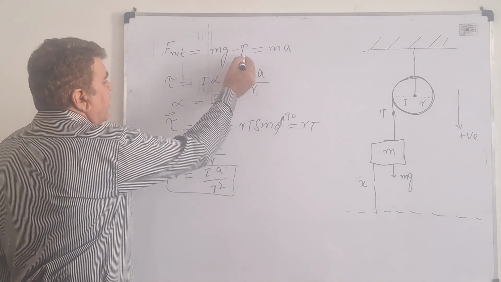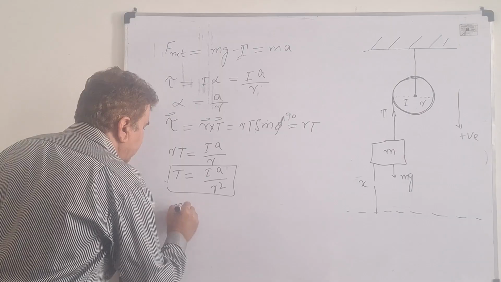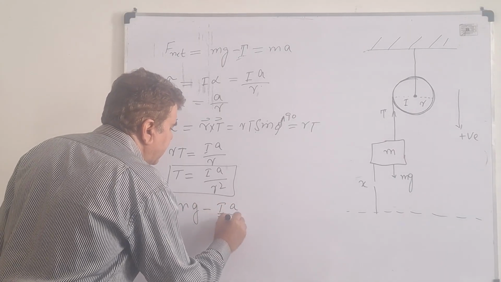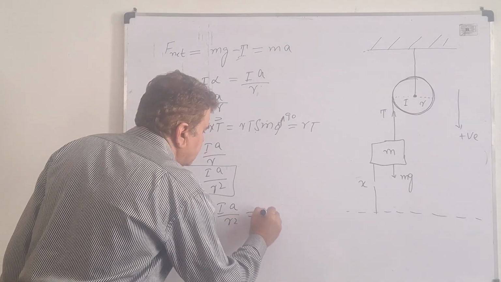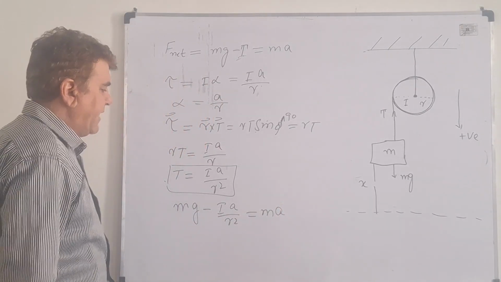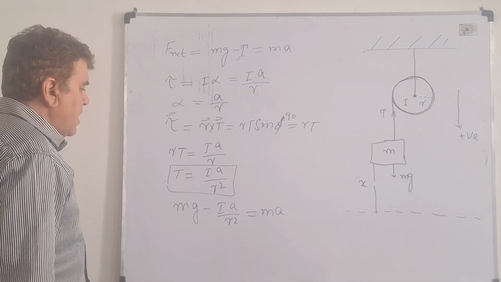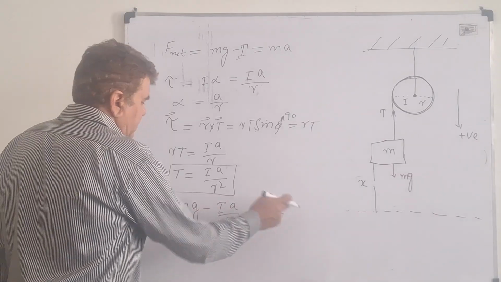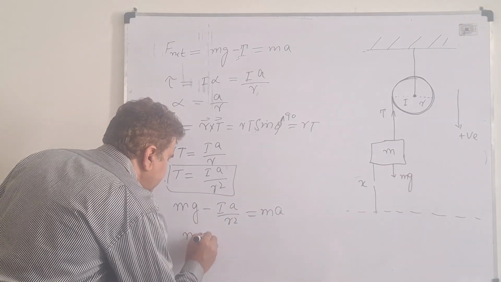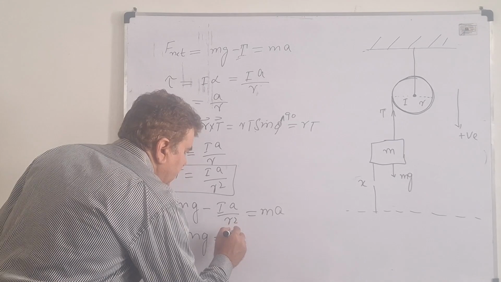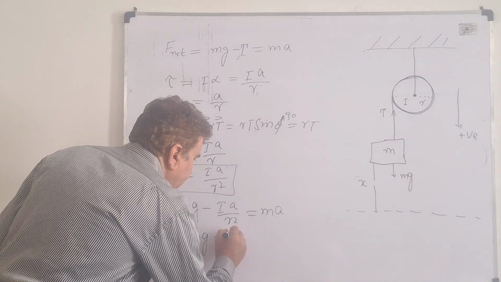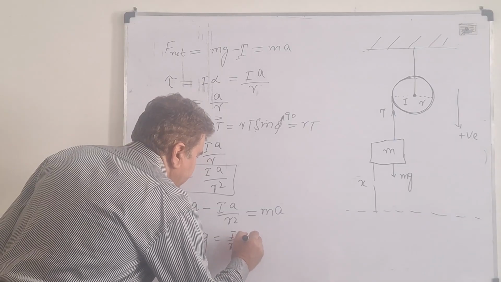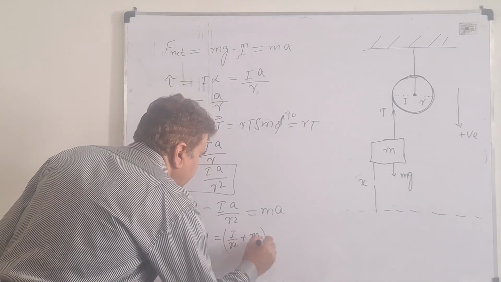So I substitute for T at this position and write that the equation is mg minus I a divided by r squared equals m times acceleration a. And from this, by taking this term to this side, I can write mg equals I divided by r squared plus m, into a.